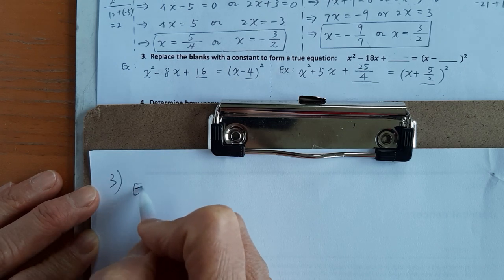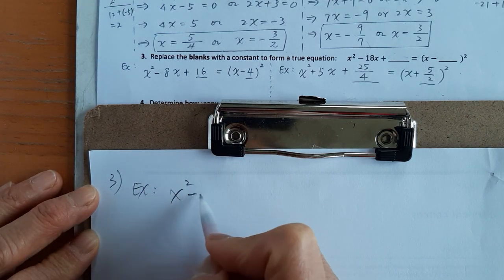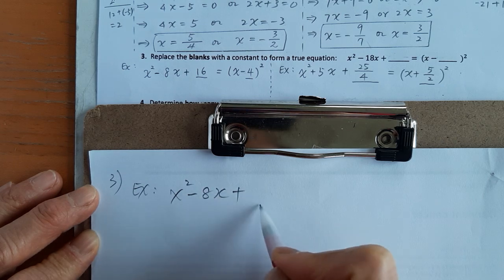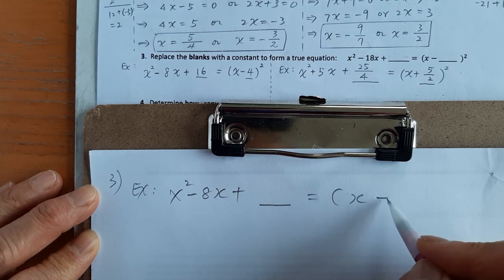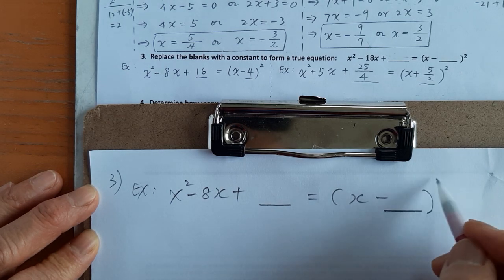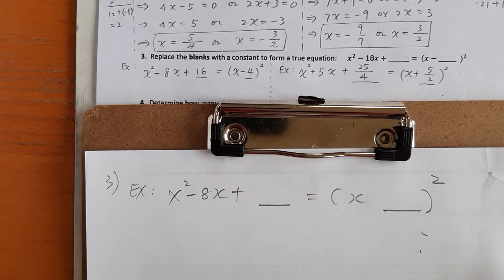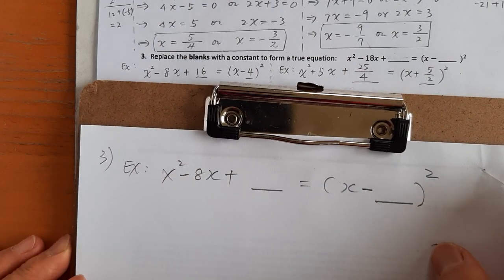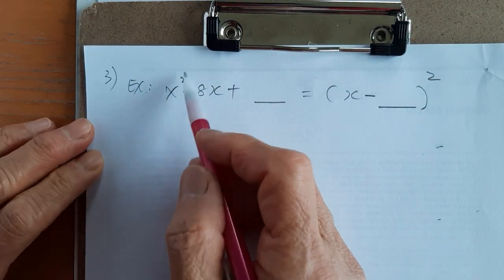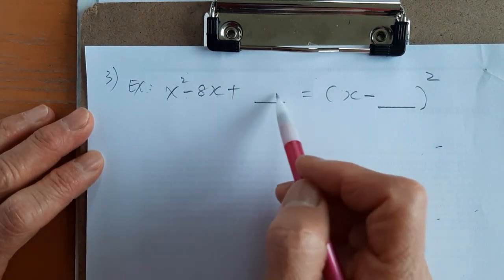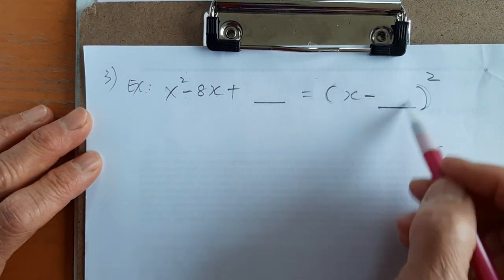Question 3, example: x squared minus ax plus what becomes the quantity x minus what squared. Fill in the blank.